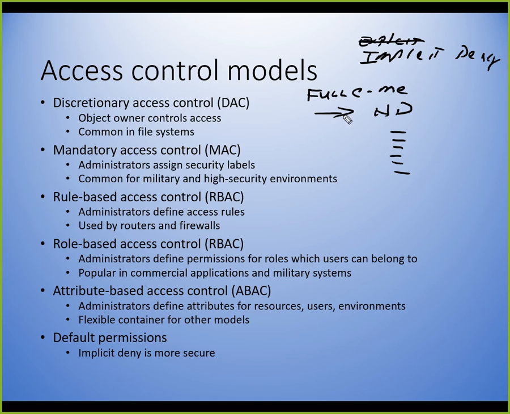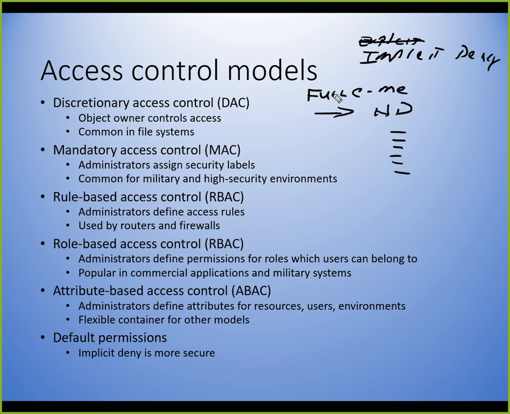So just because I didn't give it to you means that because I gave it to me, or the administrator gave it to me and didn't give it to you, I get it and you don't. The implicit deny is more secure because it's like the implicit deny in the access control list.